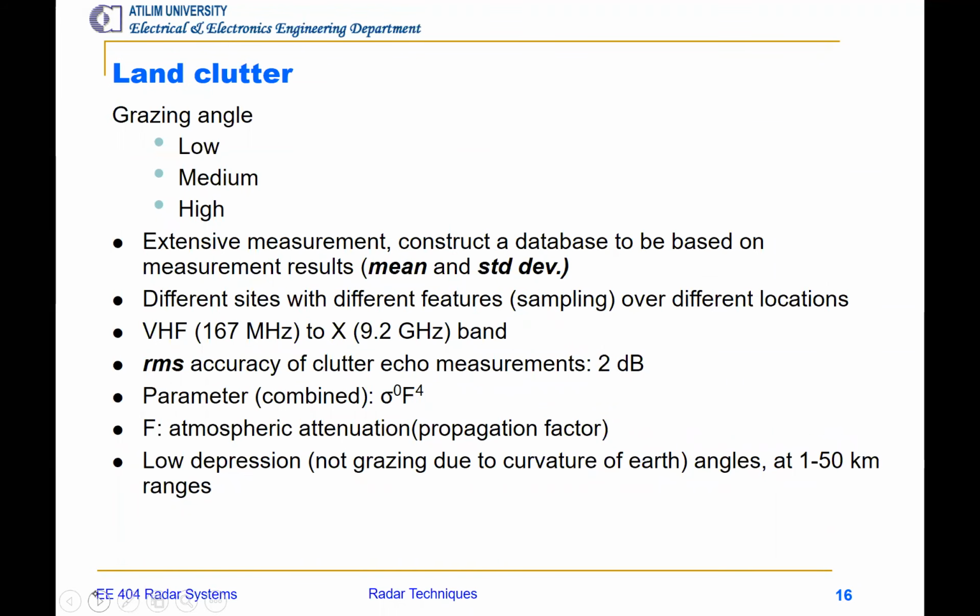Okay, let's see land clutter first. There are three different cases of grazing angle: low grazing angle, medium grazing angle, and high grazing angle. As I said earlier, all are based on measurements, and we talk about mean value and standard deviation or variance. There are different sites with different features and different locations.